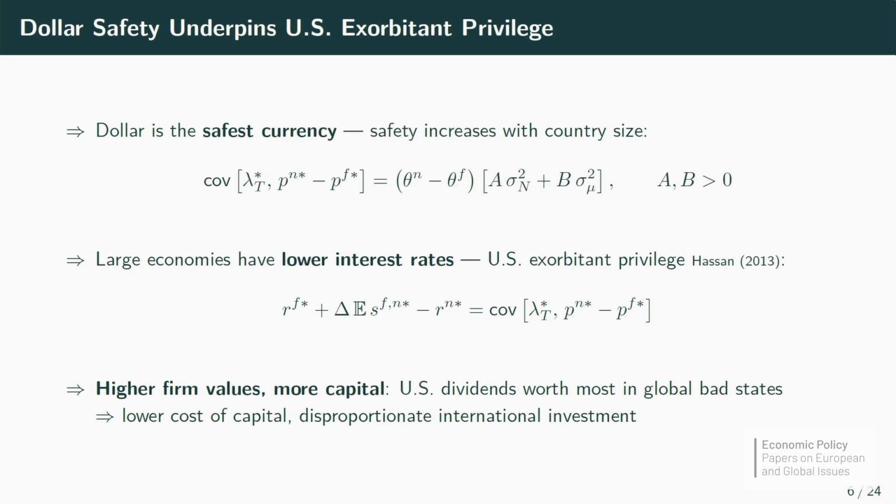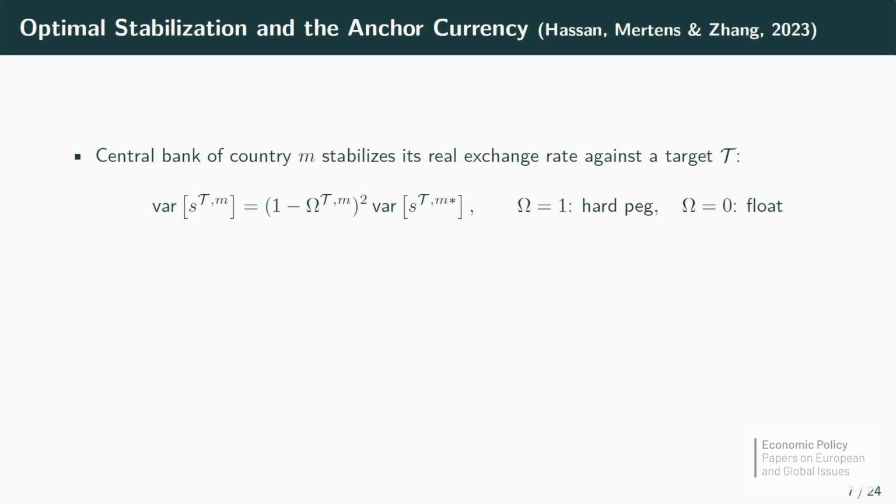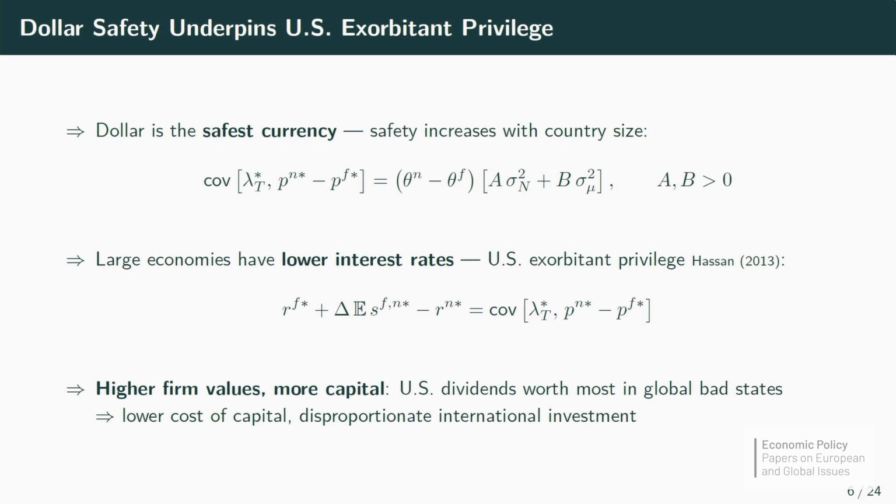And as a result, this also translates into higher values for US firms, and US firms are going to get more international investment. Why? It's the same logic. The dividends from these US firms are going to pay off in dollars, and dollars are going to be worth a lot because they hedge against consumption risk. Okay, so that serves as kind of the baseline model.